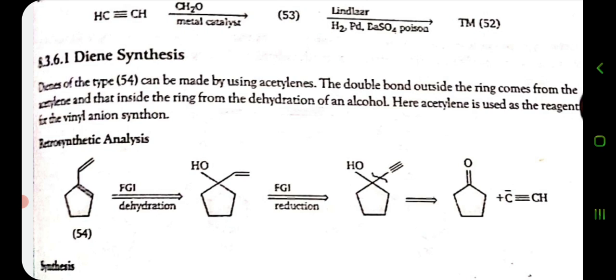Retrosynthetic analysis: a diene of this type, where two double bonds are present in conjugation. With the use of FGI, dehydration takes place, and then reduction of this compound by FGI, and we will get the one group C-C disconnection and we will get the carbonyl compound, and acetylene is present.